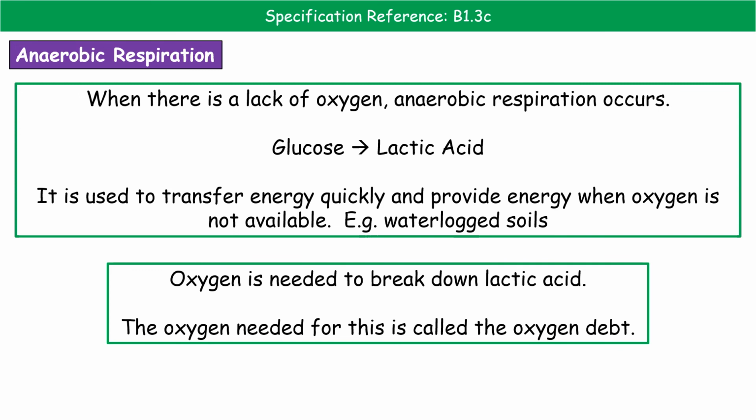So you make lactic acid, and that's why your muscles start to feel fatigued and you get those kind of aches. What we need to do to get rid of that lactic acid that's built up is we need to then keep taking in oxygen, which will oxidize the lactic acid. So that's what we mean by oxygen debt, is we need to keep taking in oxygen post-exercise to break down the lactic acid.